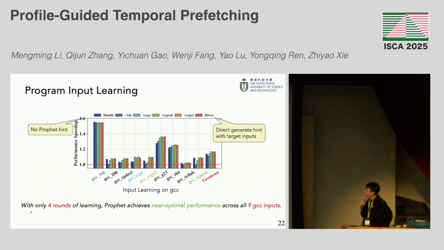We also evaluate Prophet's ability to learn from different program inputs. With only 4 rounds of learning, Prophet can achieve near optimal performance across 9 GCC inputs.